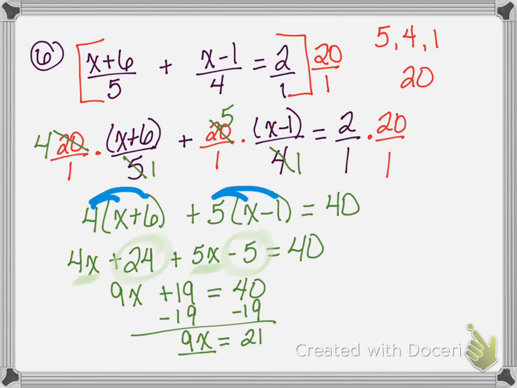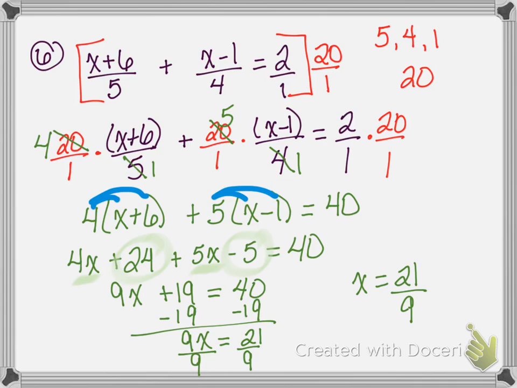I divide both sides by 9. Okay? Then I'm left with x equals 21 over 9. Now, 21 over 9 is an improper fraction, and it's okay to leave fractions as an improper fraction. However, this is not simplified completely.